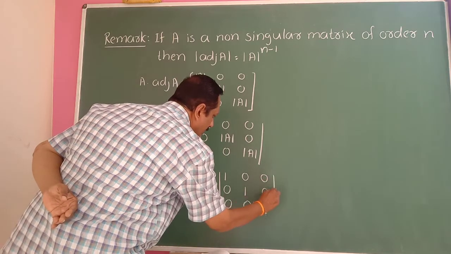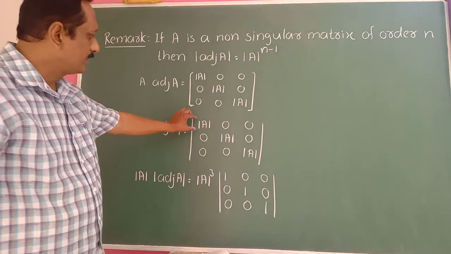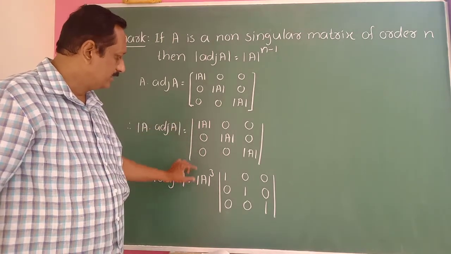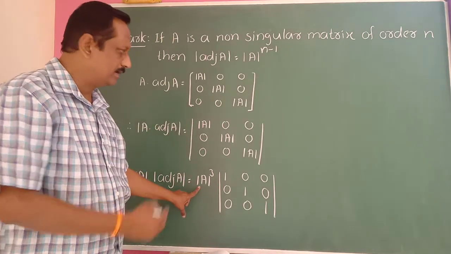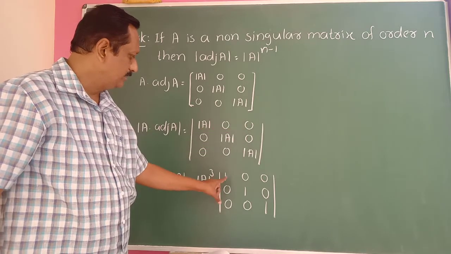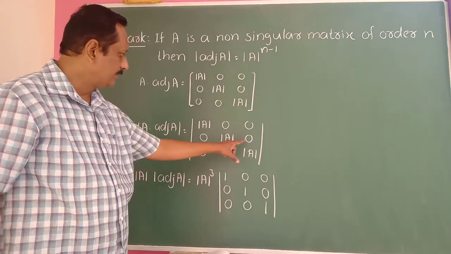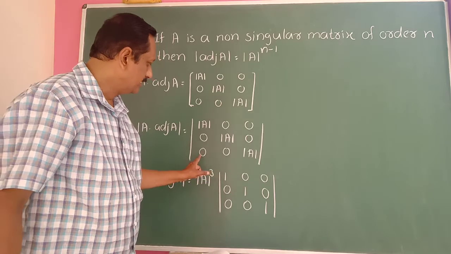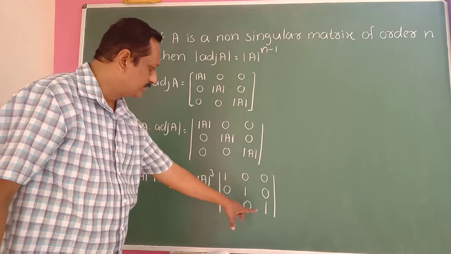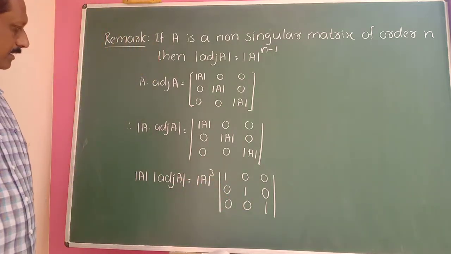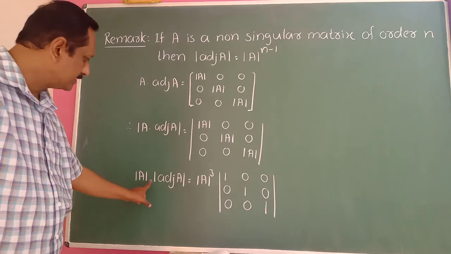So determinant of A is a common factor from each row, hence determinant of A whole cube. Here determinant of A common with 1 0 0, here 0 1 0, here also 0 0 1, the remaining terms. Now take the determinant of this.